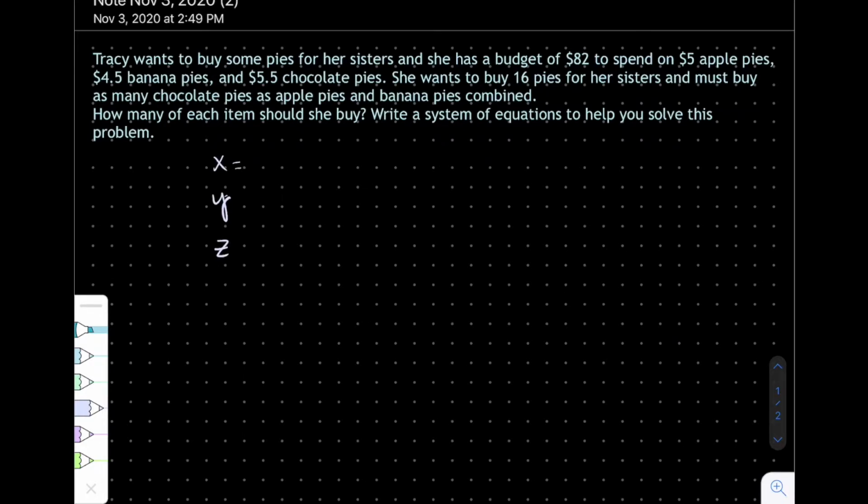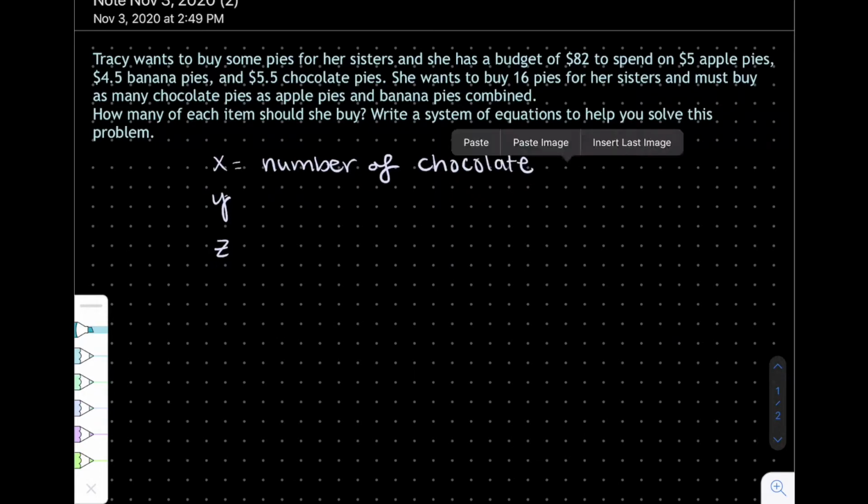Does that mean that X is the number of chocolate pies you bought? Is it the cost of a chocolate pie? Is it the percent chocolate in a chocolate pie? So we're going to say that X is the number of chocolate pies.